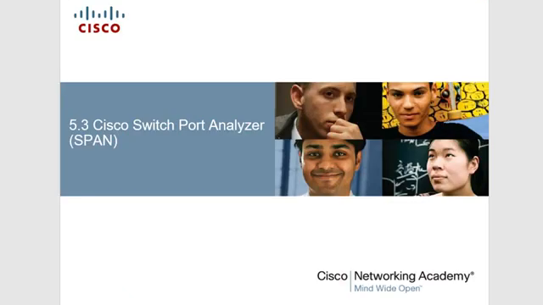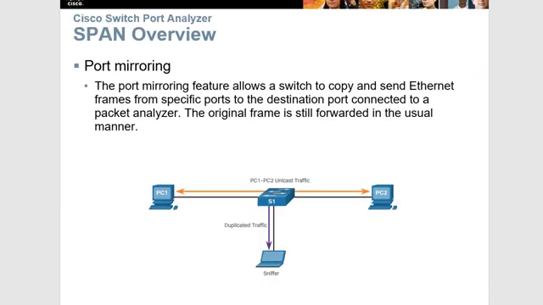The last thing we have in this chapter is Cisco Switch Port Analyzer, or SPAN. So packet mirroring is going to duplicate packets that are sent on your network to some device that is monitoring the network.